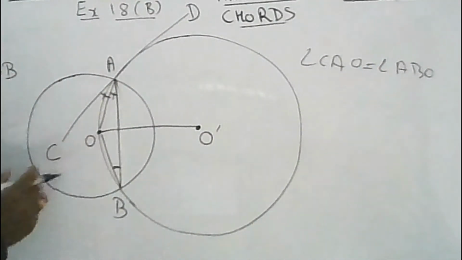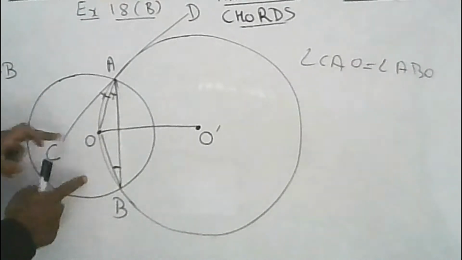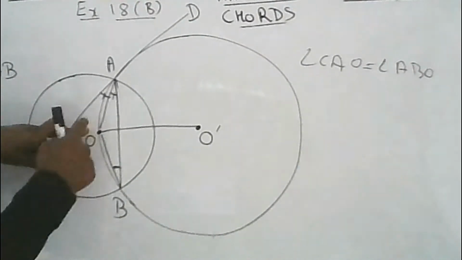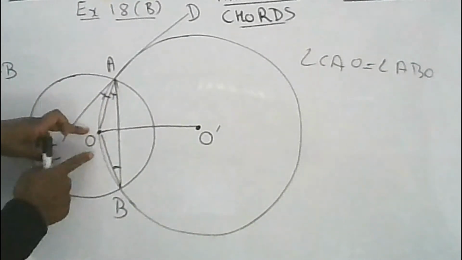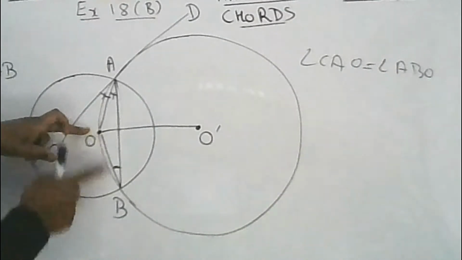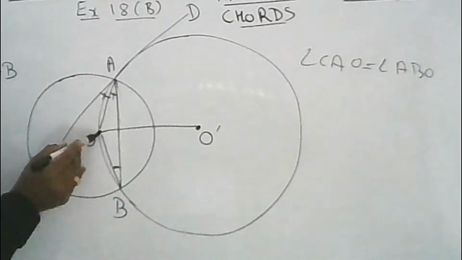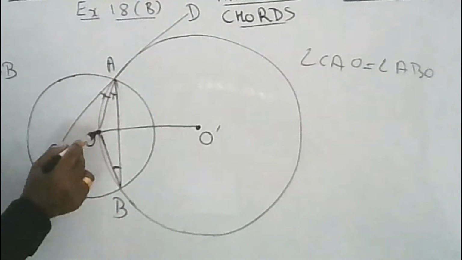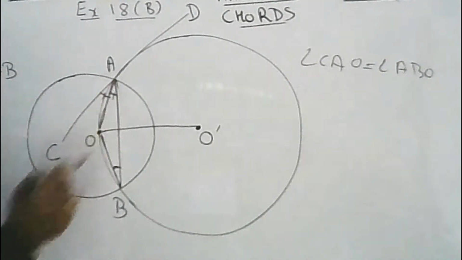Now come to the smaller circle. For the smaller circle you can see that O is the center of the smaller circle, then OB is equal to OA because they are the radii of the same circle. It is a smaller circle. OB is one radius starting from the center to this point. This is the radius of the smaller circle. Similarly OA. So OB will be equal to OA.